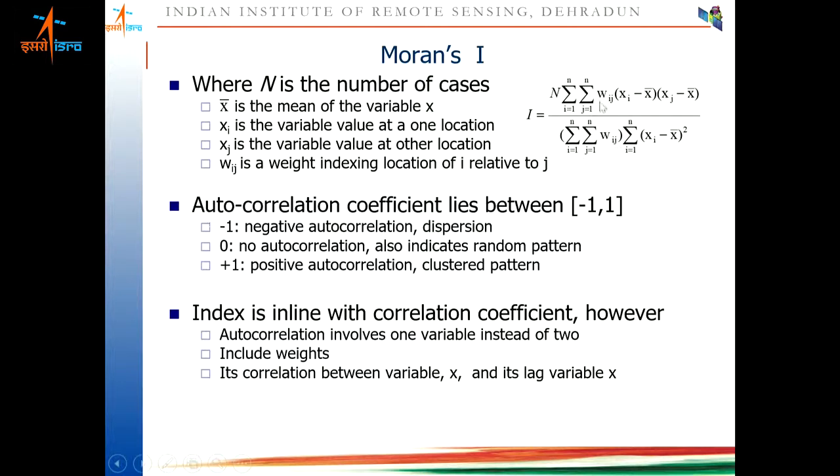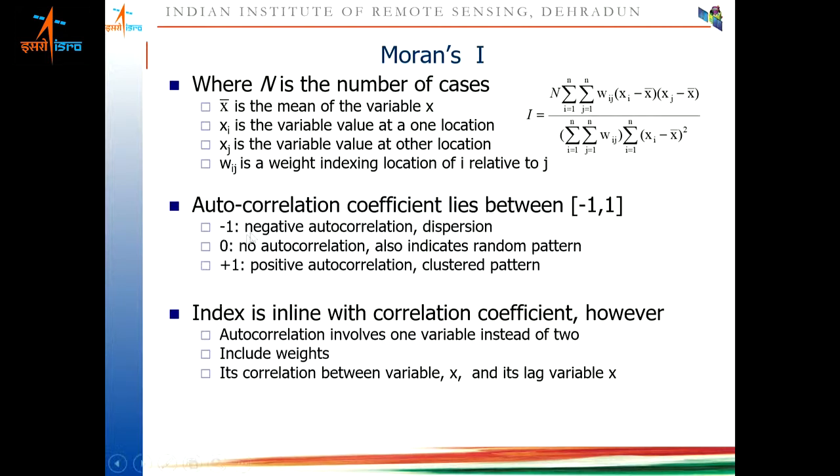This autocorrelation index is a ratio of xi minus x bar times xj minus x bar, divided by the variance of x, the standard deviation squared. So it lies between -1 and 1, just like the correlation coefficient. If the index is negative, there is a negative autocorrelation, which means a dispersed kind of distribution is present in the data.